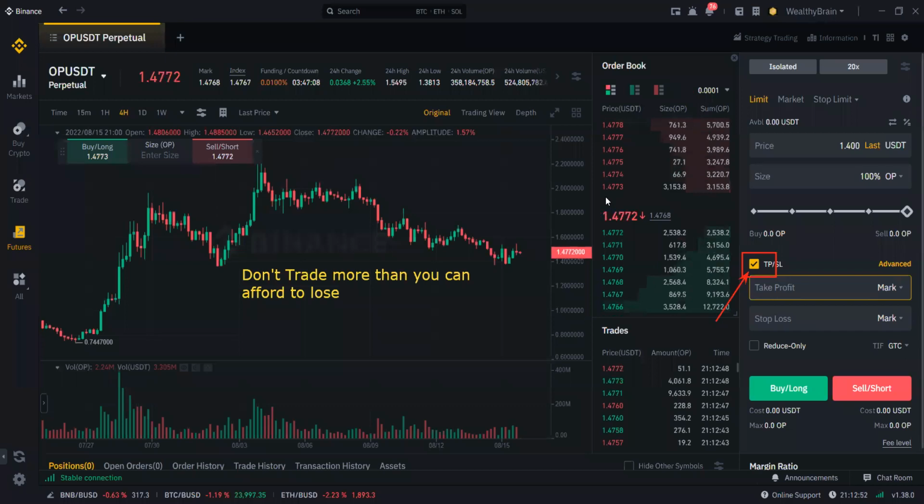One of the guys in our Telegram group where we drop signals, a young guy, entered a trade, I think it was on this OP. We dropped a signal a few days ago, and we gave first target, second target, and third target. He hit the first target.